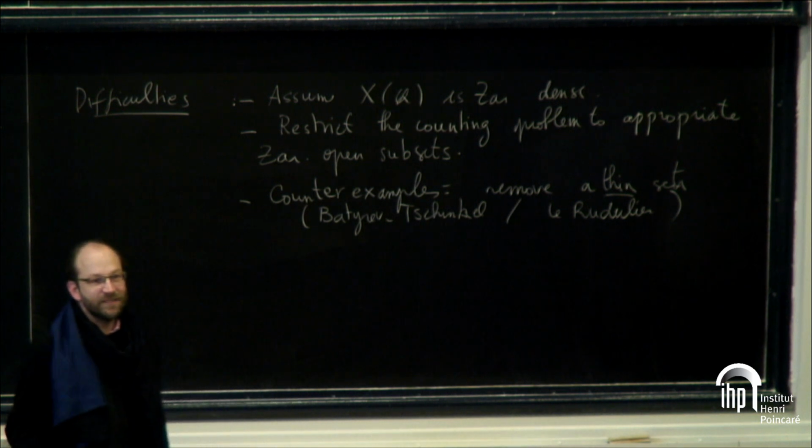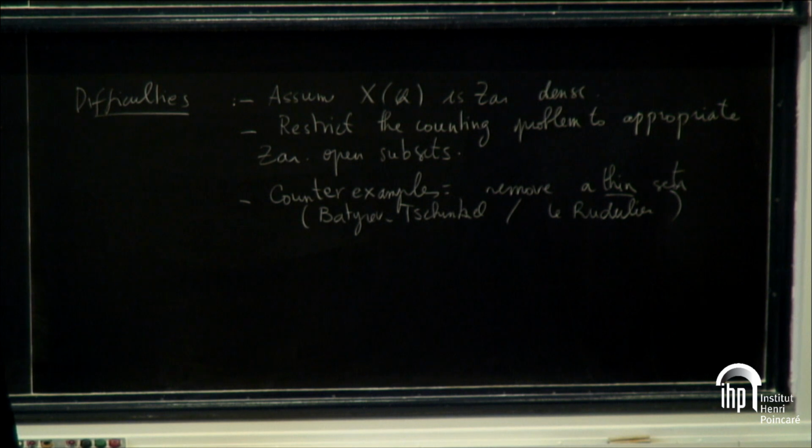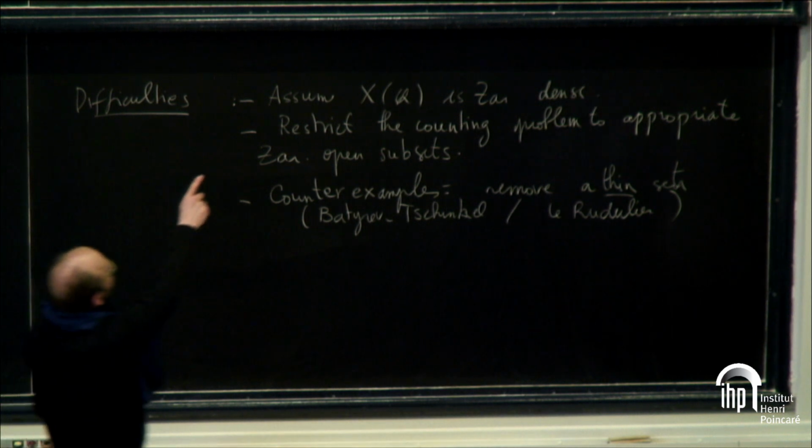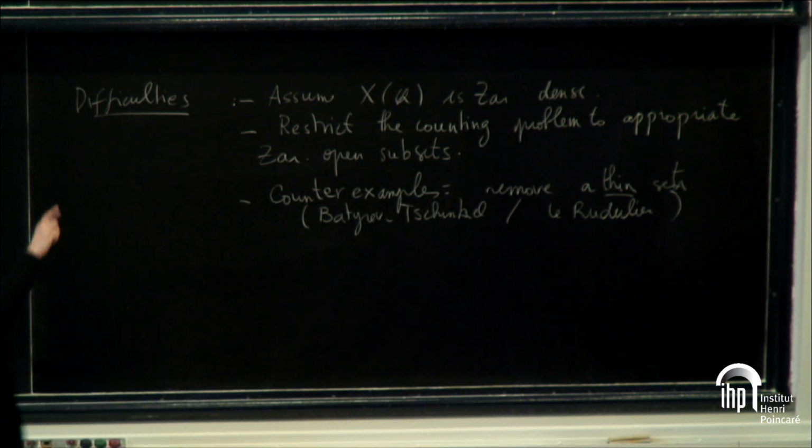No, for P1 times P1 it is okay, you can count points on it. No, because, okay, that's a good question. But if you change the birational class, you change the problem. It depends really on the way the variety is embedded.